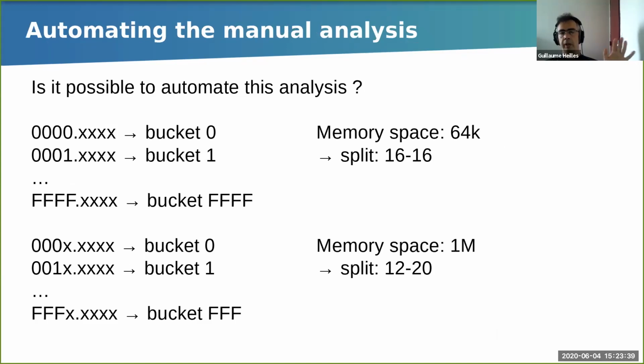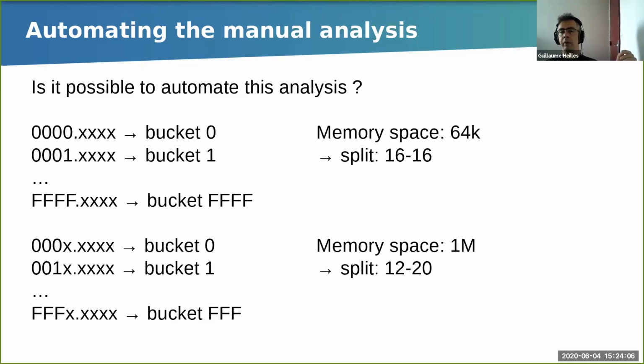The tool I'm going to present today is called binbloom. What does it do? It reads the whole firmware memory, and according to the size of the firmware, it splits each 32-bit value into two parts: a prefix part, which is supposed to be constant, and a suffix part, which is specific to each pointer. What does it mean?